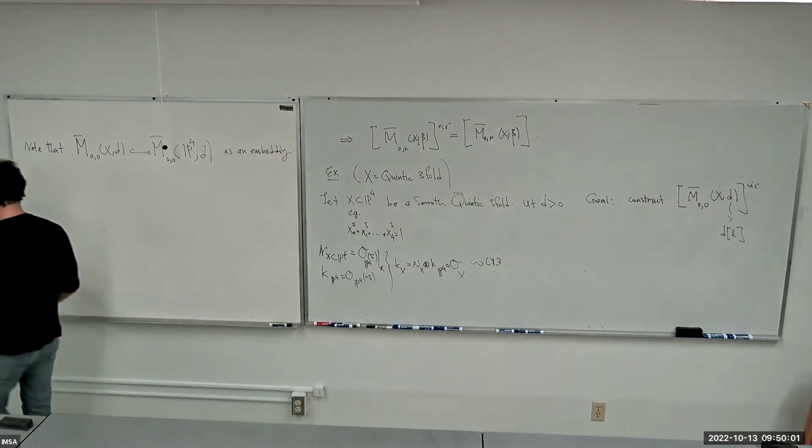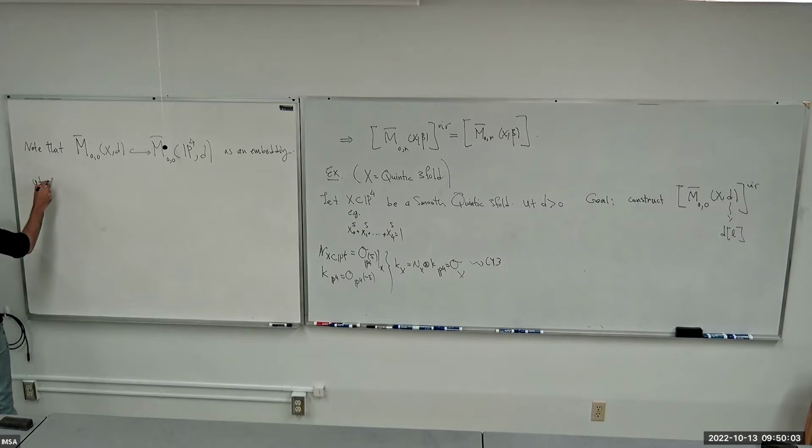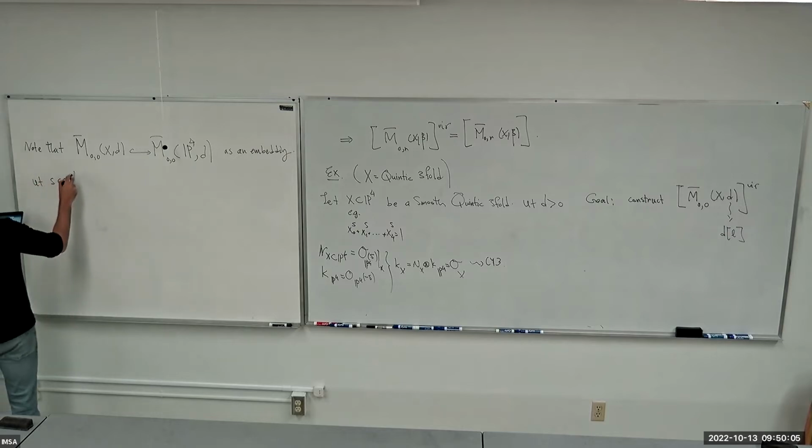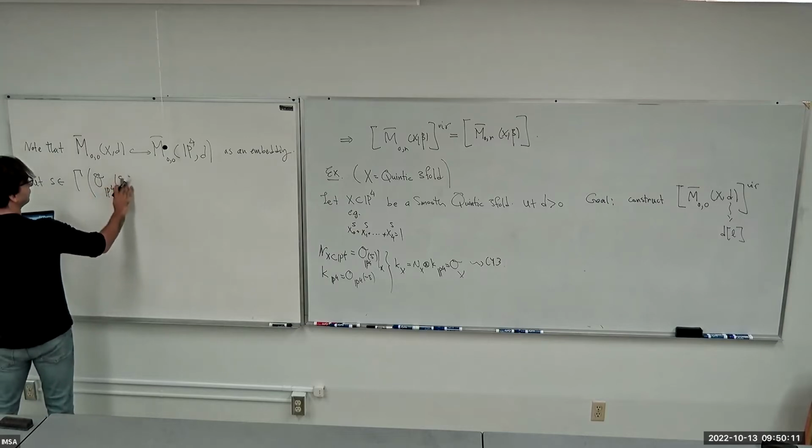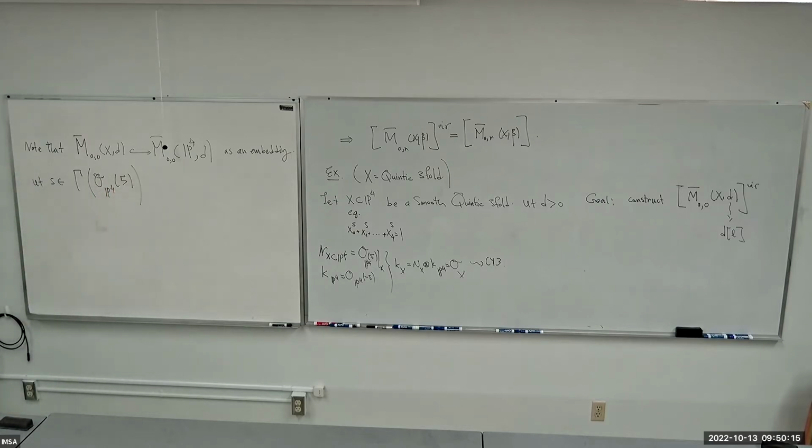Okay. Let s be a section of the structure sheaf of P4 twisted by 5. This is a line bundle whose meromorphic poles are along our hypersurface.